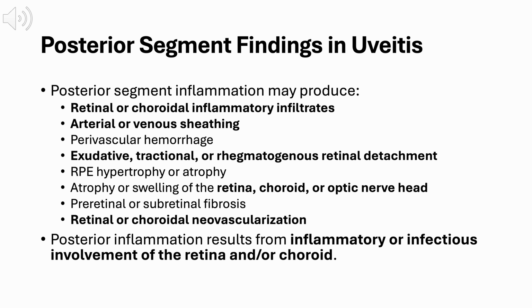The common thread is that all of this stems from inflammatory or infectious involvement of the retina and choroid. It's a long list, but it's really the many downstream faces of posterior inflammation, and the following slides give you a vocabulary for describing the lesions themselves.